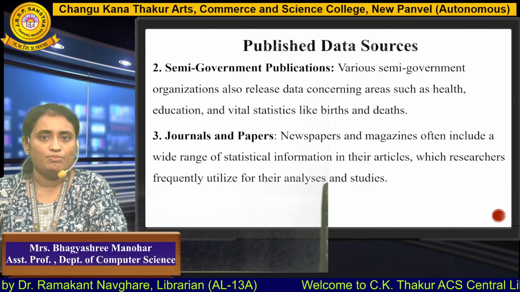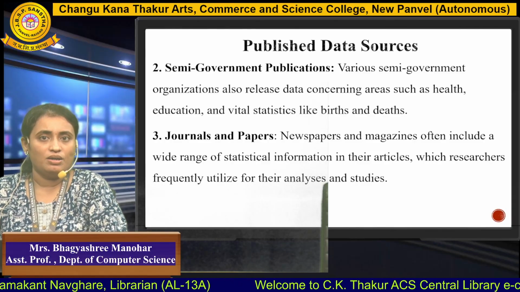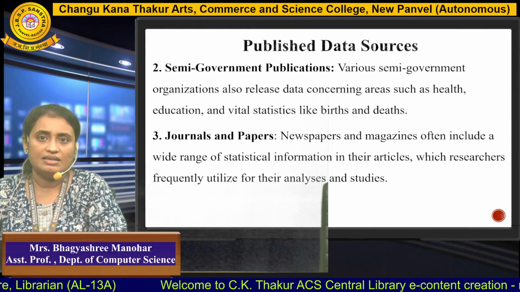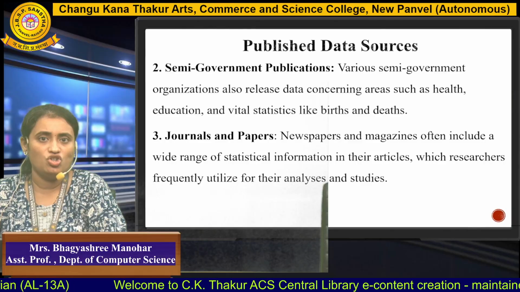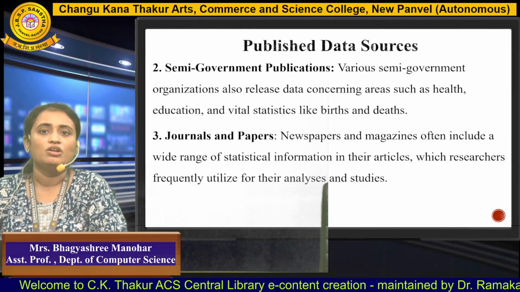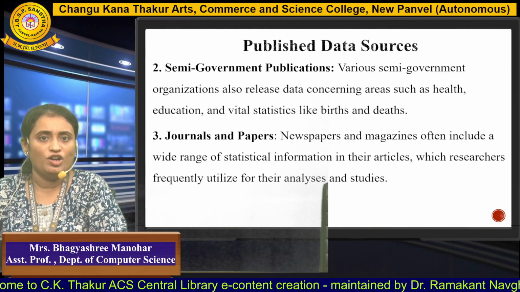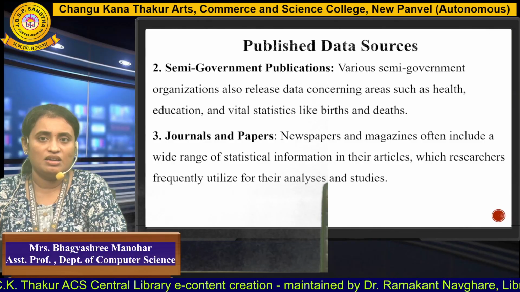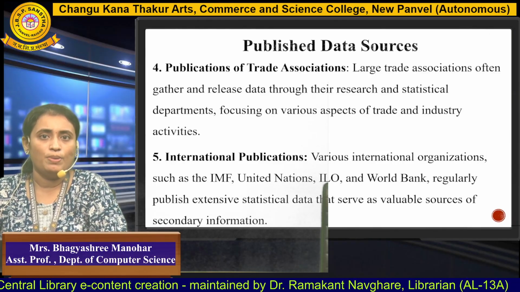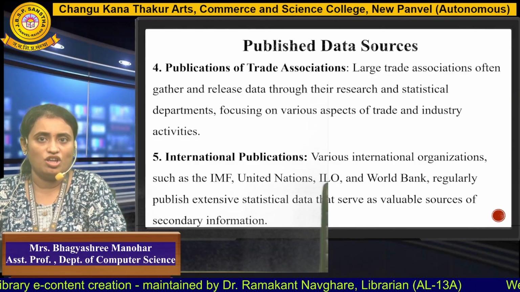Second type is the semi-government. The semi-government also releases data concerning areas such as health, education, etc. Next one is the papers and journals. Newspapers and magazines often include a wide range of statistical information in their articles. Next one is the publication of trade associations.